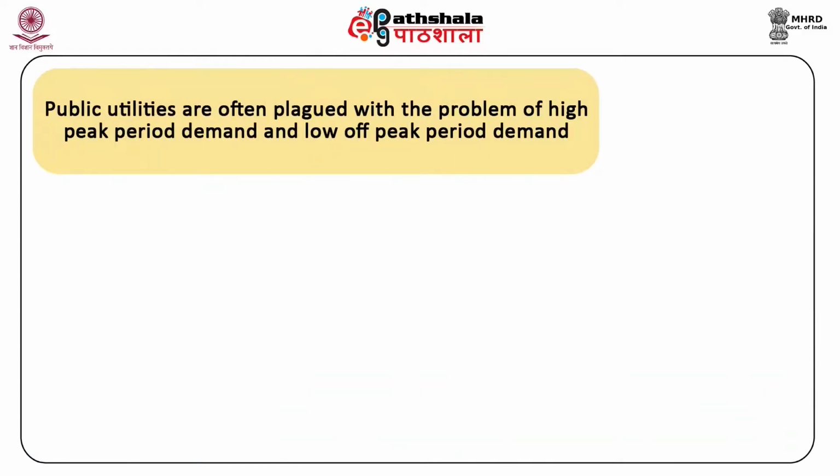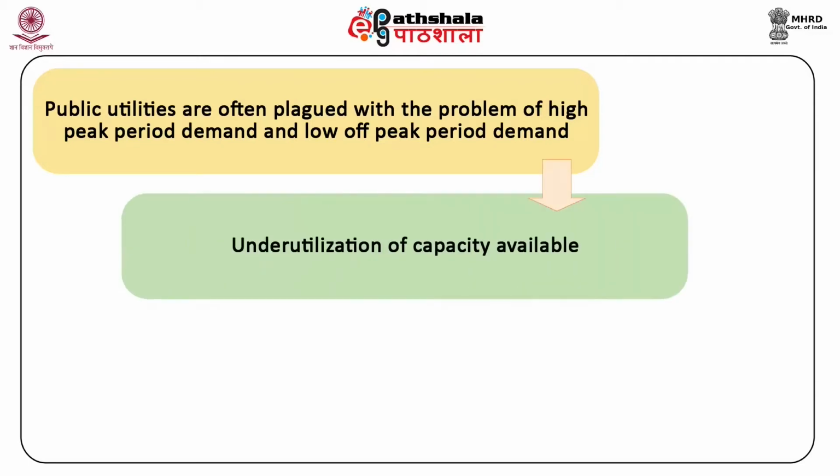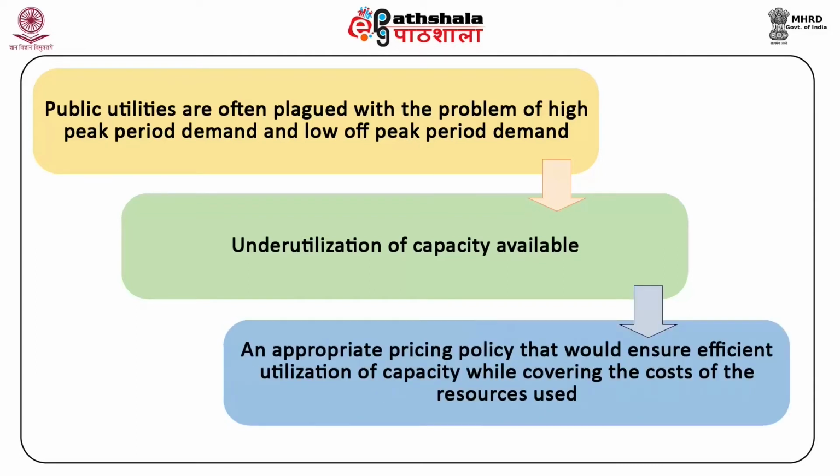Public utilities are often plagued with the problem of high peak period demand and low off-peak period demand. This problem leads to underutilization of capacity available. These utilities require an appropriate pricing policy that would ensure efficient utilization of capacity while covering the costs of the resources used.